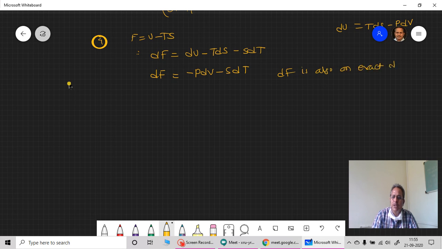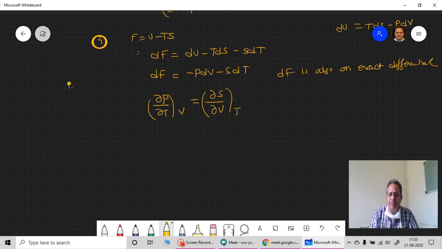If that is so, I must have this condition, that the difference, now since both are negative, the negative sign cancels. So the rate of change of pressure with respect to temperature at constant V is equal to the rate of change of entropy with respect to volume at constant temperature. So this is an isochoric process, this is an isothermal process.